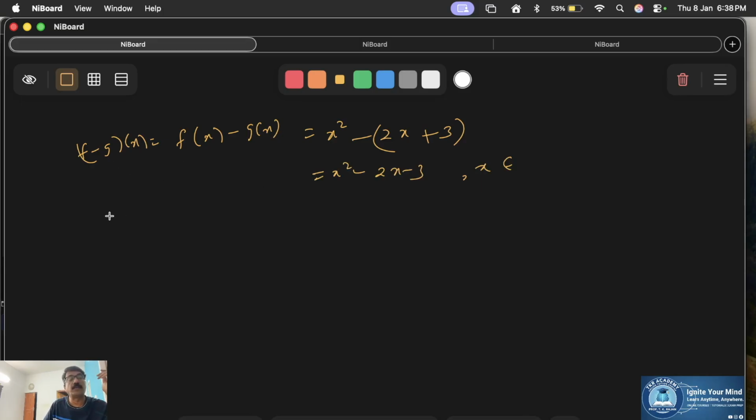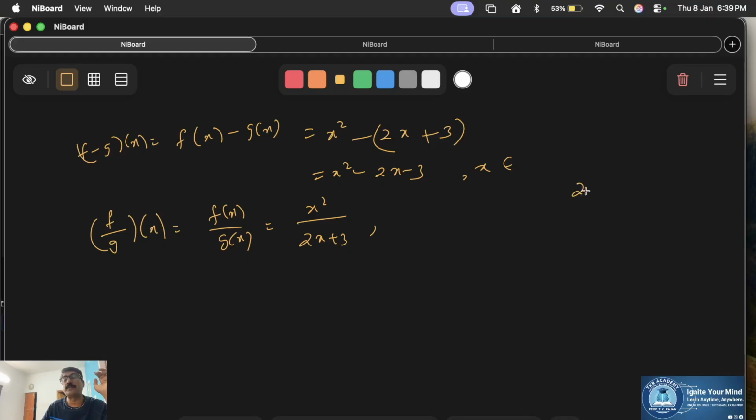Similarly, you can define the quotient function f by g of x, which is f of x divided by g of x, equal to x square divided by 2x plus 3, but this is defined only for the points where 2x plus 3 is not equal to 0.